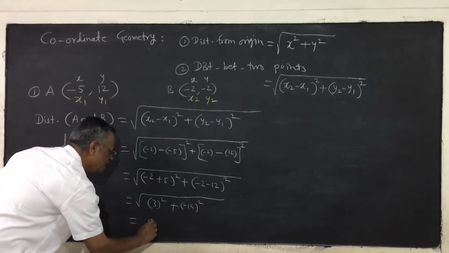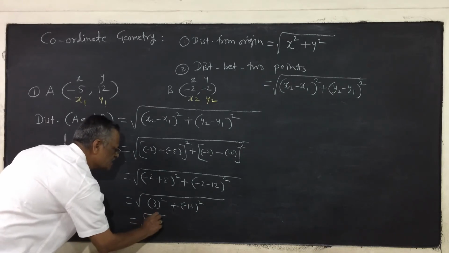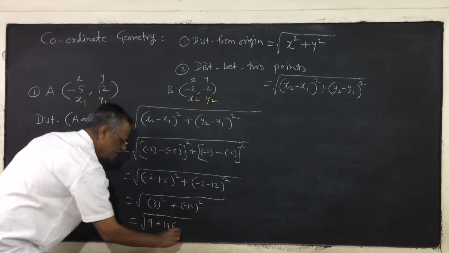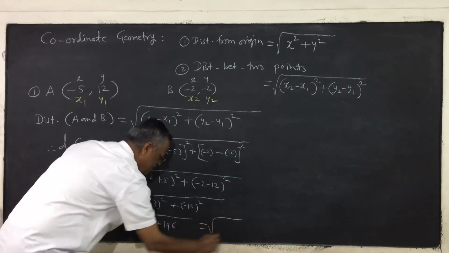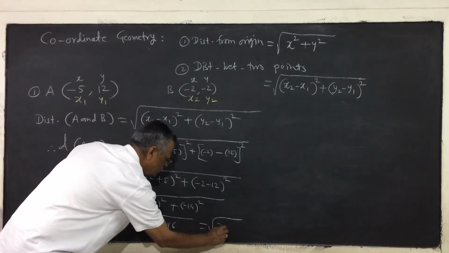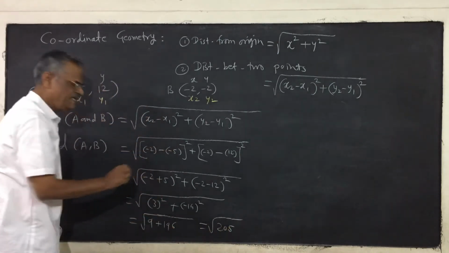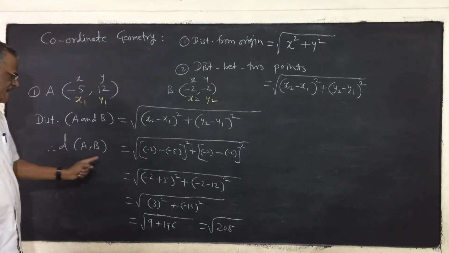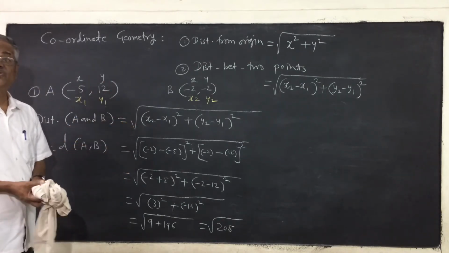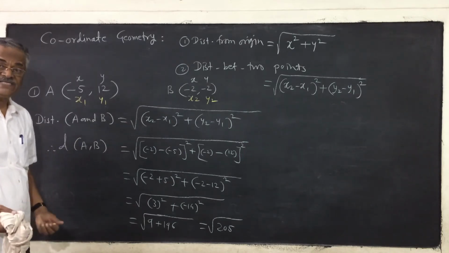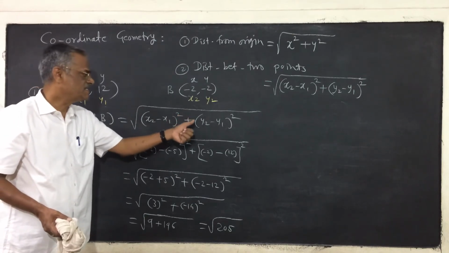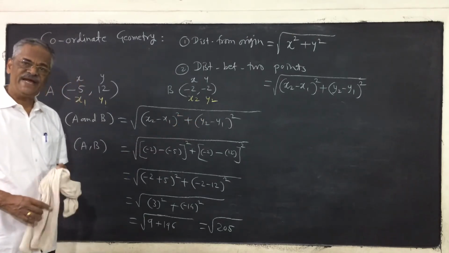You can see that 9 plus 196, square root of 9 plus 196. What is the square? And after that you can see that 205. So it is the distance between A and B. Use this formula, under root x2 minus x1 bracket square plus y2 minus y1 bracket square.